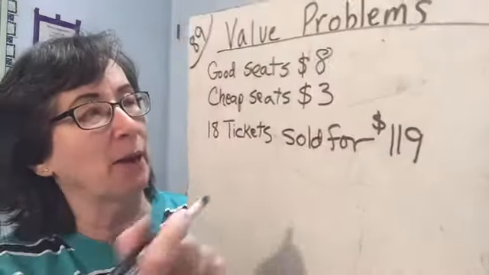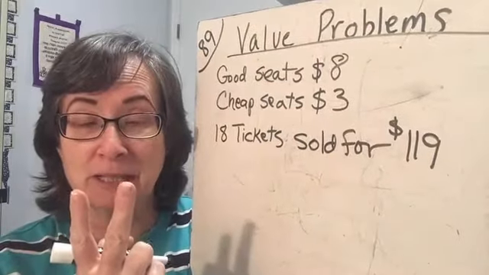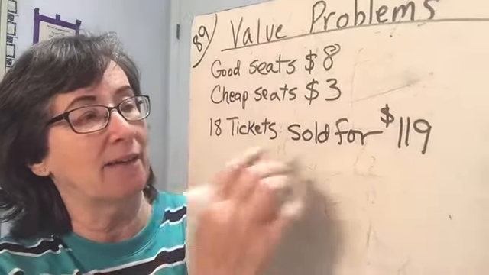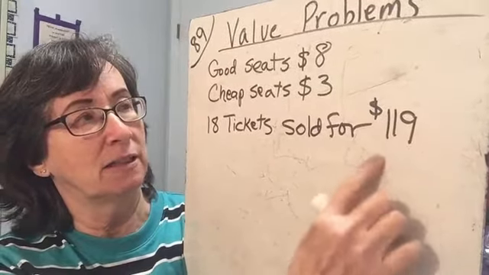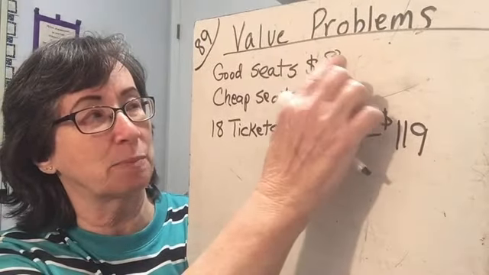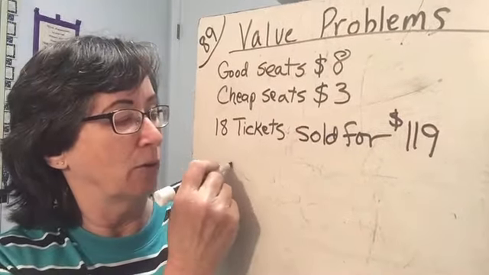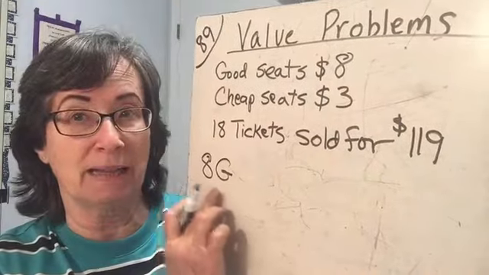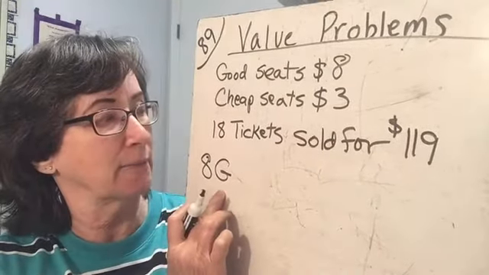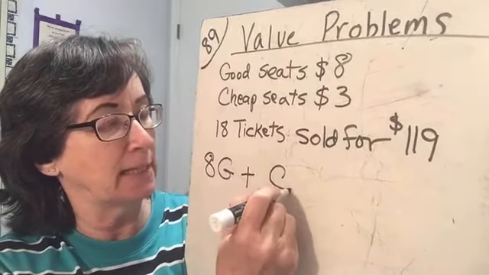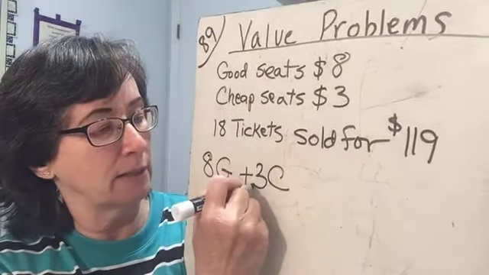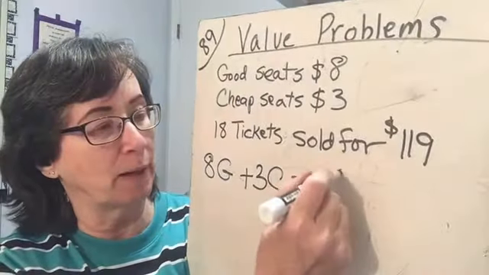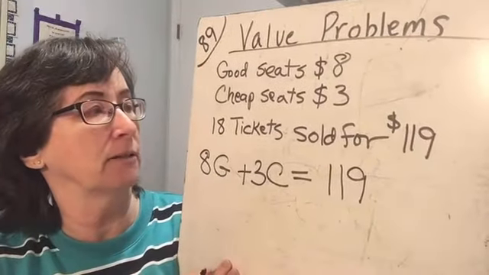All right, so here we go. We have two unknowns, so we need two equations. So we're going to say, okay, the value we have. So we're going to say $8 per good seat. So good seats times $8 gives you the amount of money that was made from good tickets, plus cheap seats times $3 will give you the total amount of money that you made, $119.